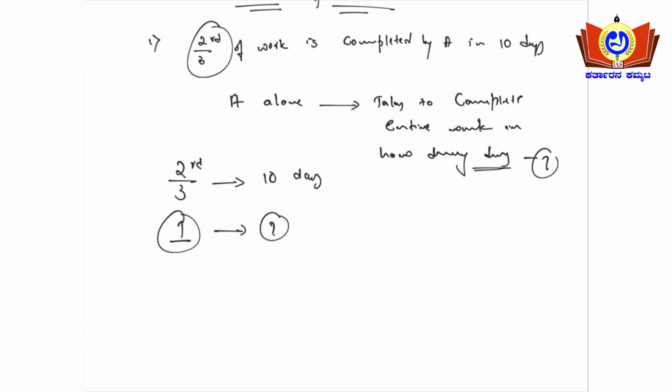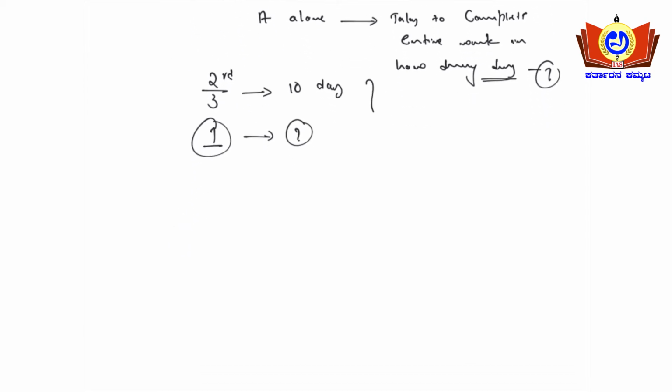It is as simple as that. This substitution you need to make right here. So for 2/3 of work, they are taking 10 days. For one complete amount of work, how many days are they taking? So 10 into 3/2.